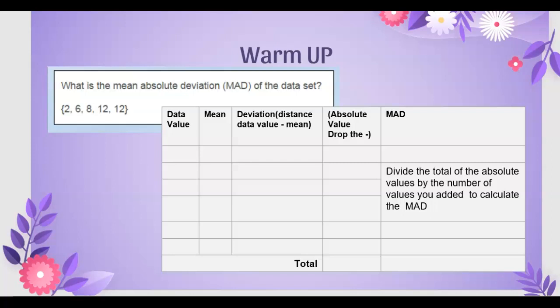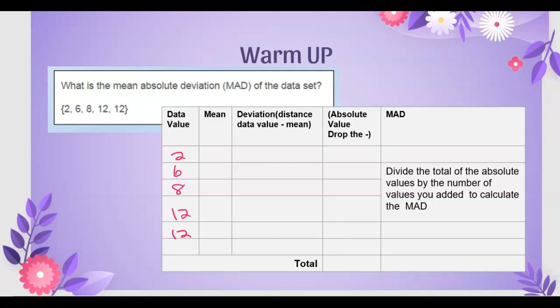So just a little warm-up here. The very first thing to do is to find the mean of the whole data set. So you have a 2, a 6, an 8, 12, and 12.